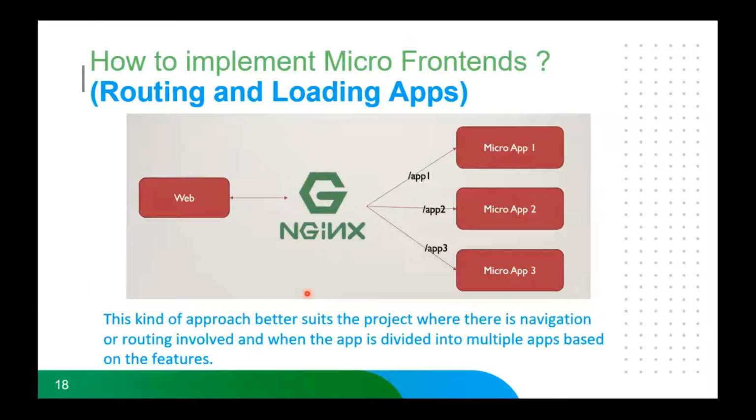The other way is routing and loading apps. In this approach, our web app goes through some web server or an element which is able to route the load based on the particular path. For example, for app1 route we will load micro app1, and for app2 route we are going to load micro app2.